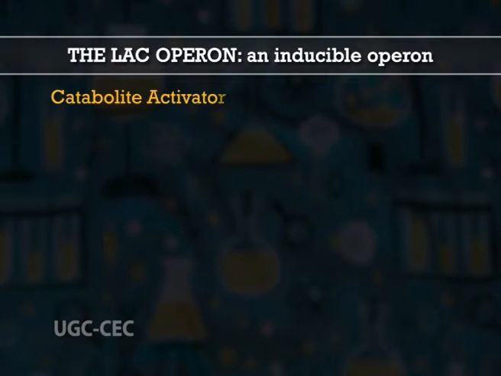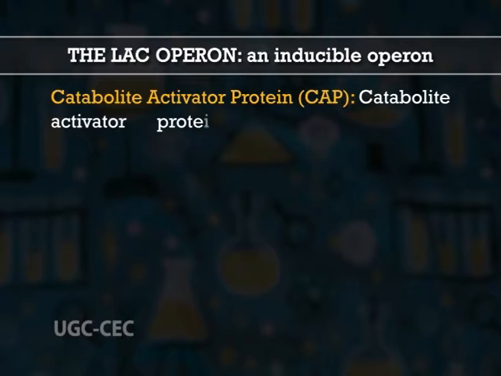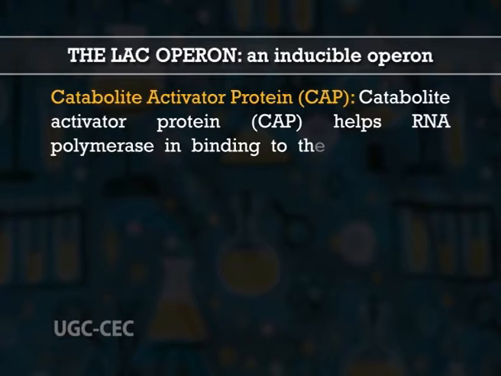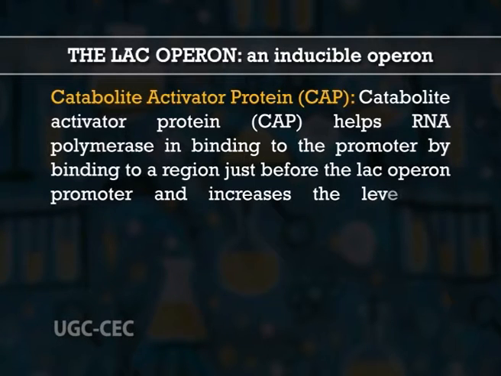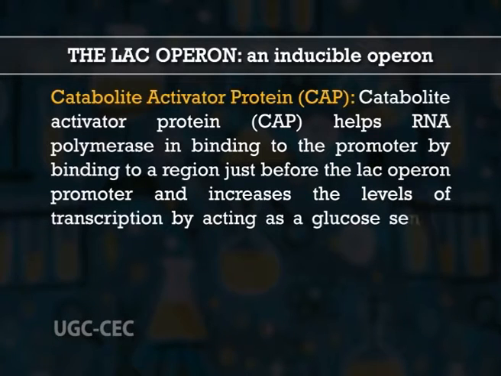Catabolite activator protein or CAP. CAP helps RNA polymerase in binding to the promoter by binding to a region just before the LAC operon promoter and increases the level of transcription by acting as a glucose sensor.